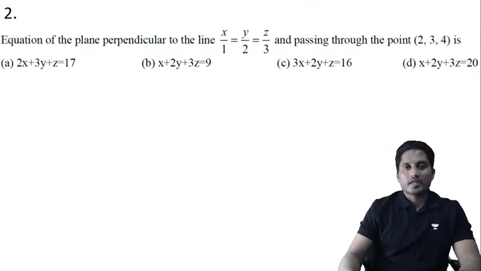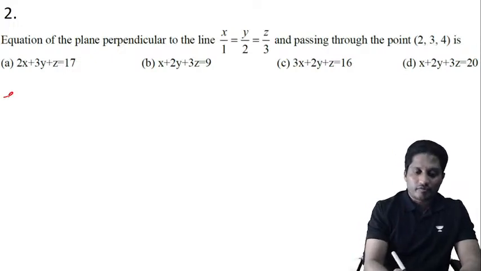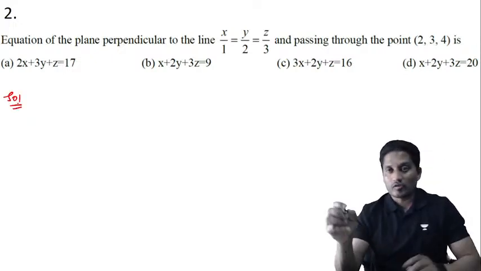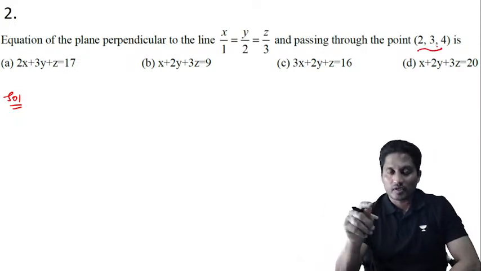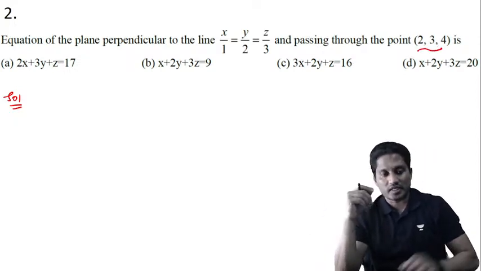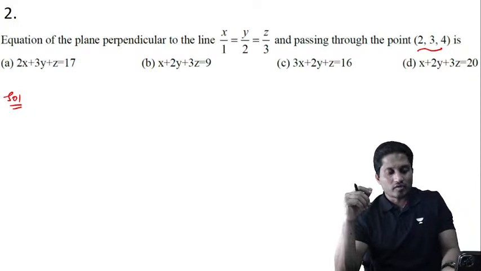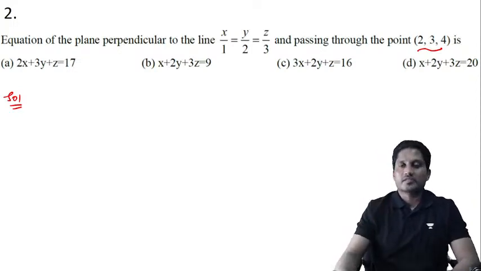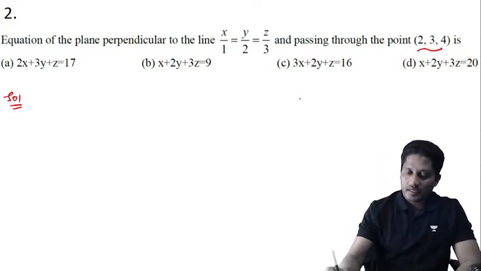Equation of the plane perpendicular to the line and passing through the point 2, 3, 4. Right, if you take that point 2, 3, 4 and substitute in the options, more than one option will satisfy. So obviously it's not going to work out guys, more than one option is going to satisfy. So let me do it like this.